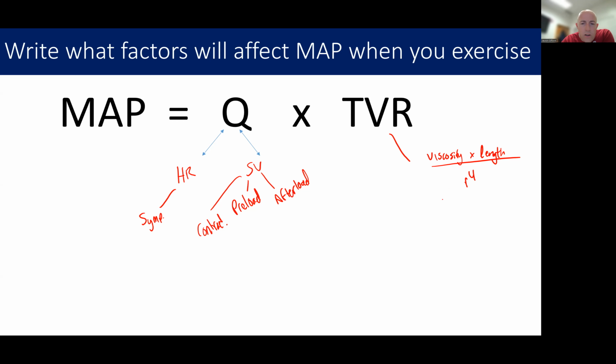Also think to yourself, go into Poiseuille's law, which says that flow is equal to the perfusion pressure times the radius to the fourth power over 8 times viscosity times length, and there's a pi up here.